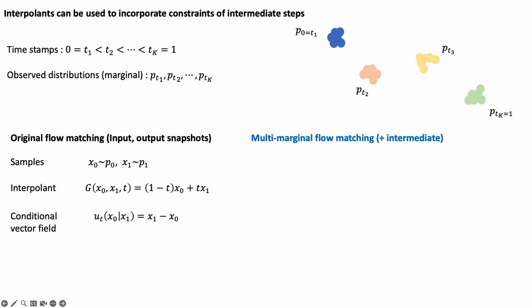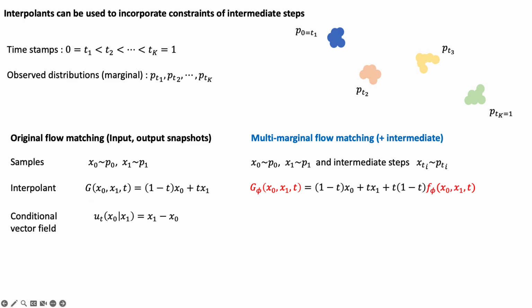Now, in multi-marginal flow matching, you furthermore have some intermediate data. Not only x0 and x1, we have some intermediate time steps, x_ti. Then you adjust the interpolant by adding this, so that it can smoothly cover the intermediate steps.